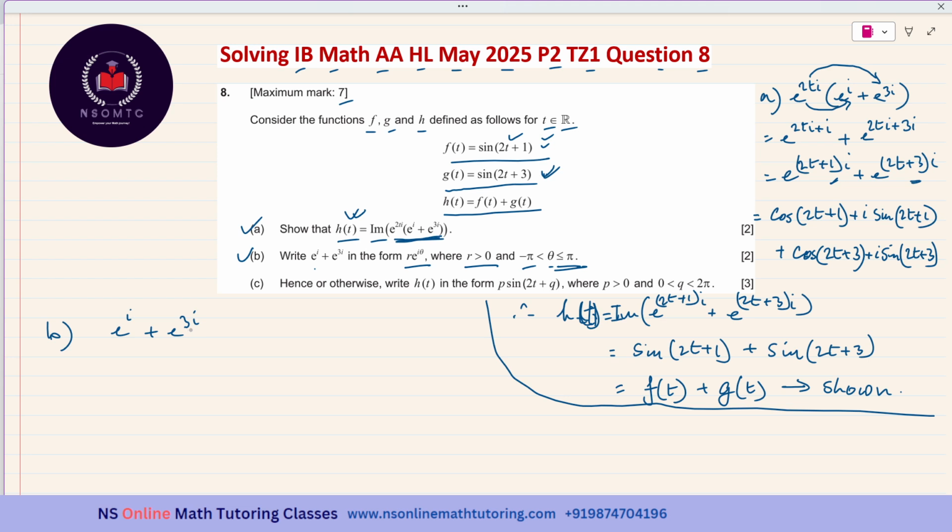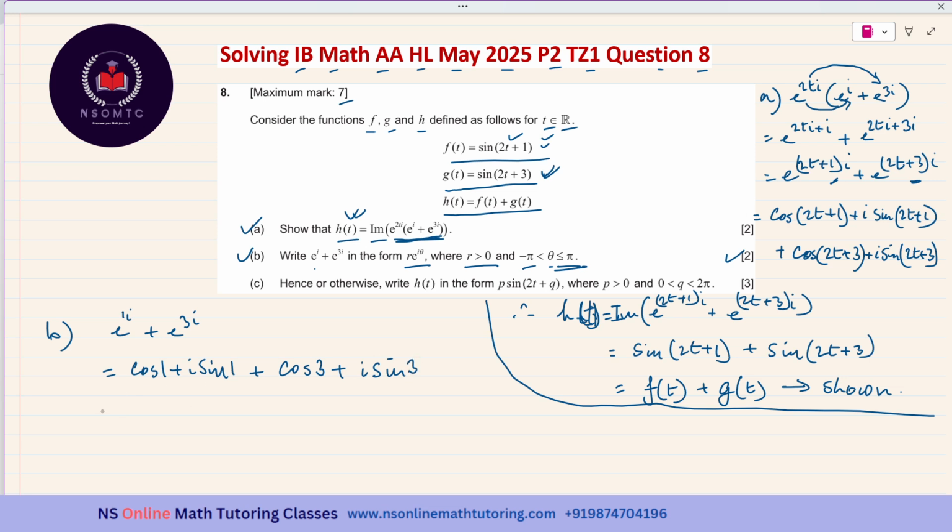Okay, you can use the calculator. Rather, okay, let us write these few steps because it is containing 2 marks. So e to the power of I is e to the power of 1i. Therefore, this will be equal to cos 1 plus I sin 1 plus cos 3 plus I sin 3.